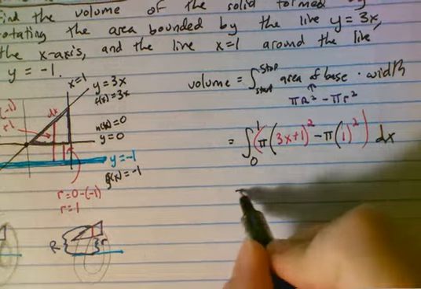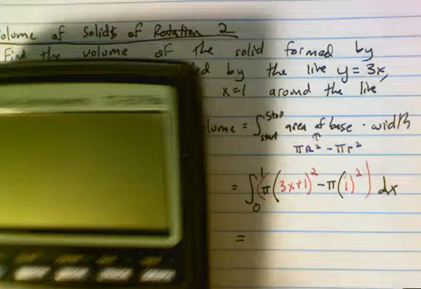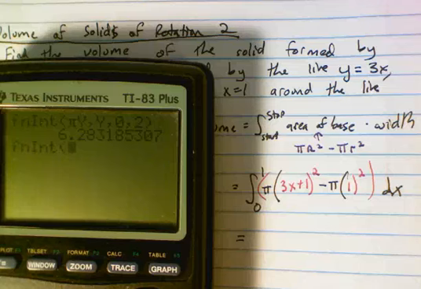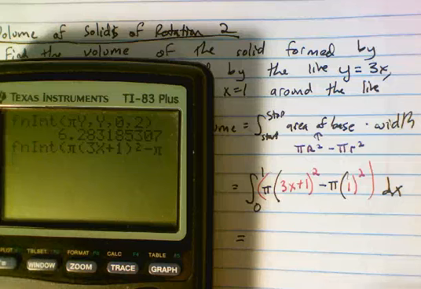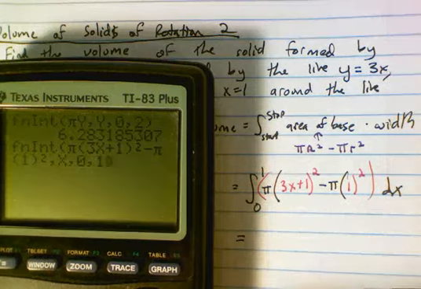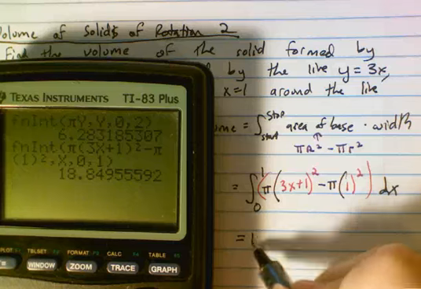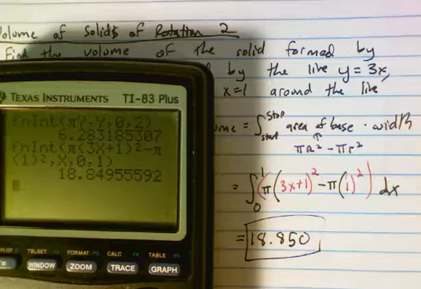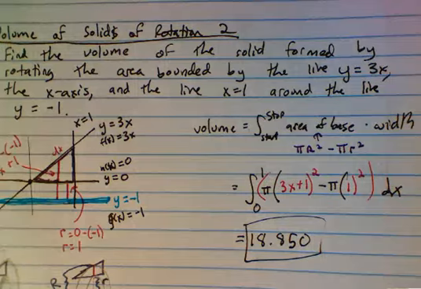Just as we did before, I can plug this into the calculator: pi times (3x plus 1) squared minus pi times 1 squared, which is just plain old 1, comma x, comma 0, comma 1. And there we go.